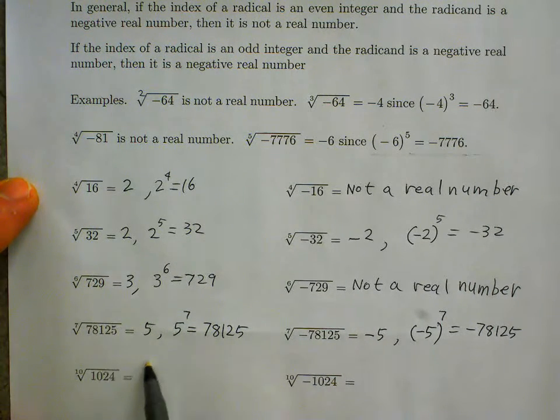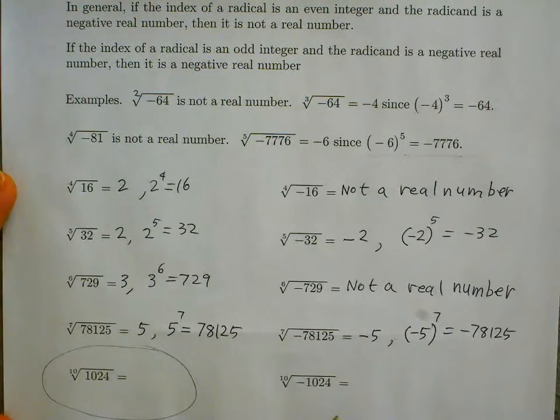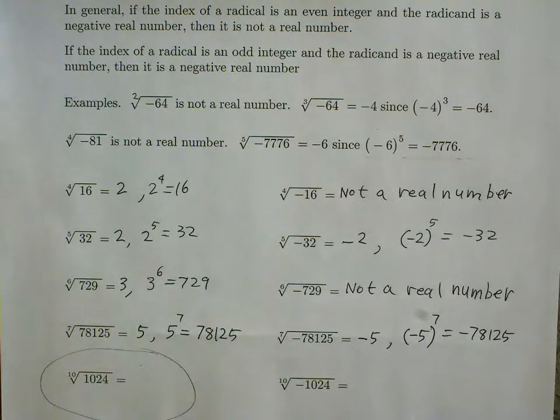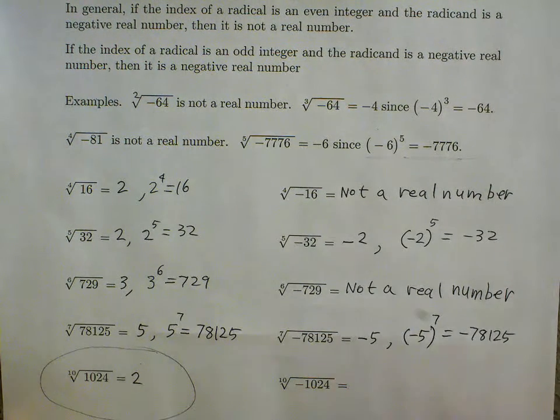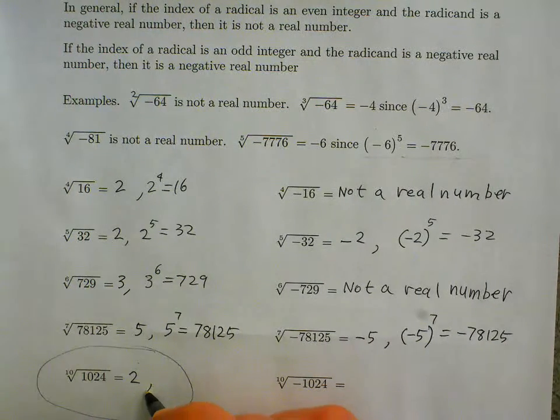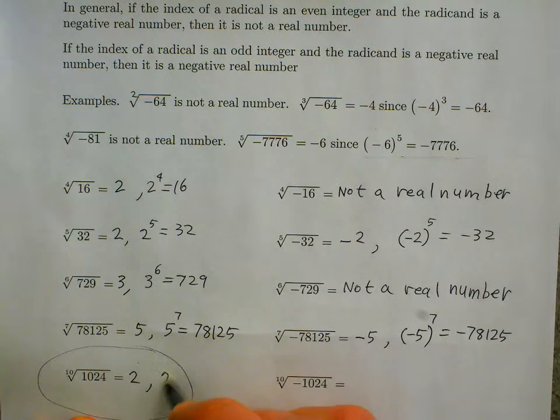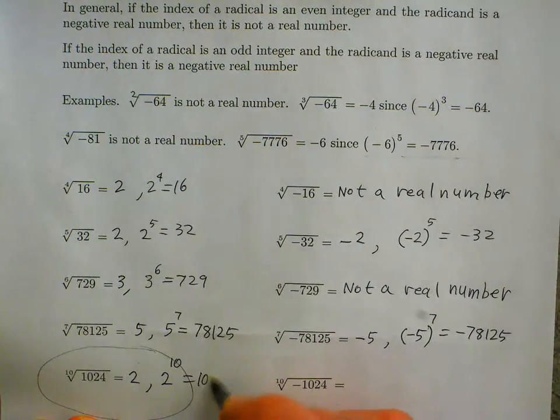Okay, this one, you should know this one. This is one that's worth remembering. The 10th root of 1,024. That's just equal to 2. So 2 to the 10th is equal to 1,024.